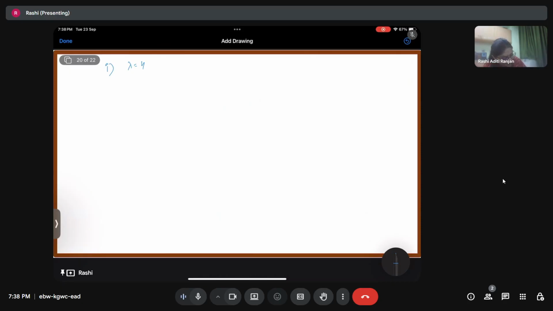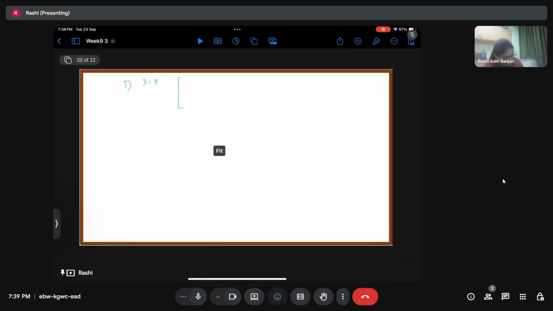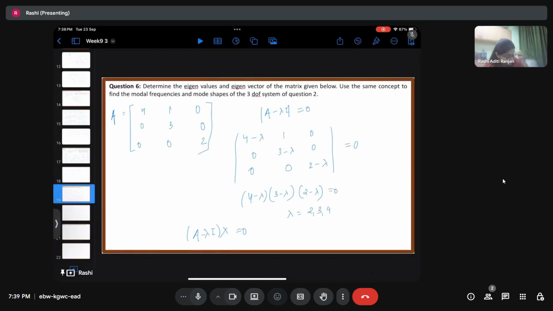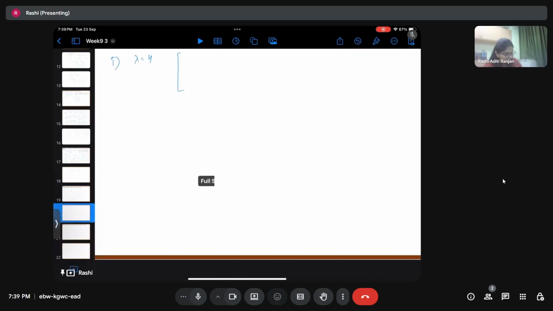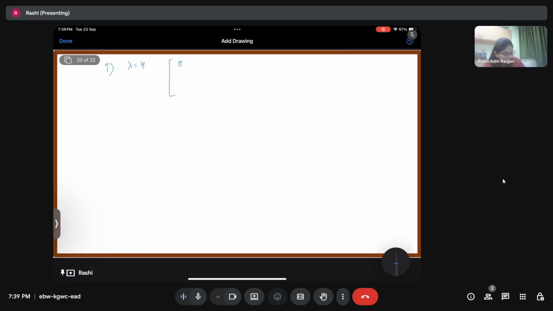That is going to give us the matrix 0, 1, 0, 0, minus 1, 0, 0, 0, minus 2 into x, y, z is equal to 0, 0, 0.